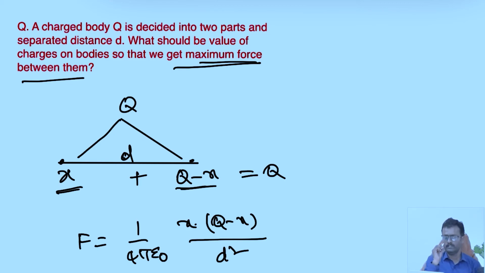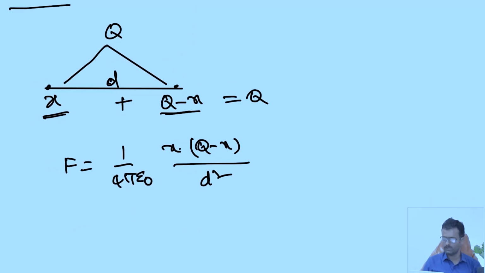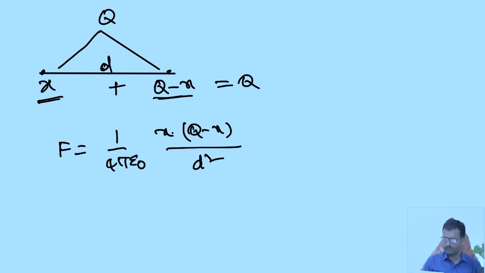Mostly in such cases, to find the maximum or minimum, we use differentiation techniques. See here, force depends upon the charge. Charge is x, so force is a function of x. To get the maximum force, dF by dx should be 0.